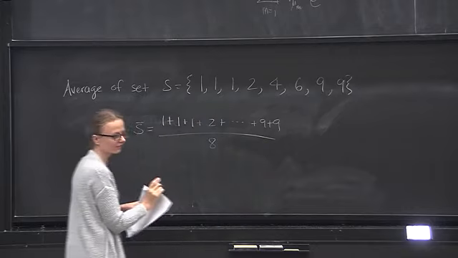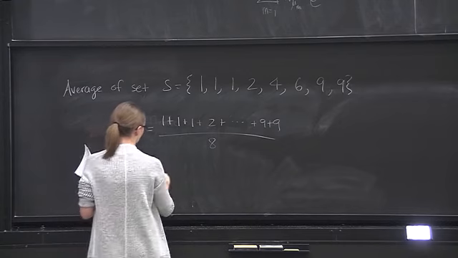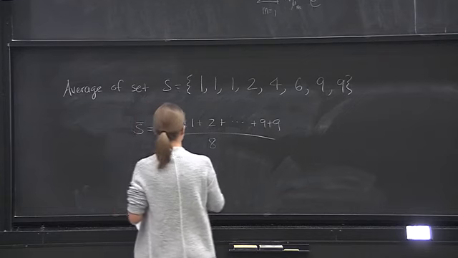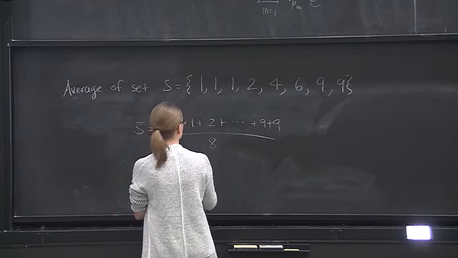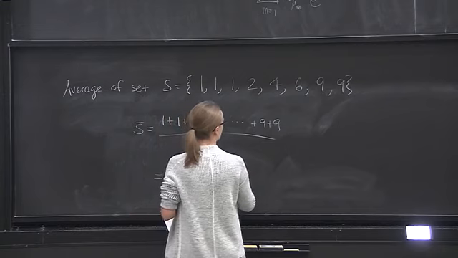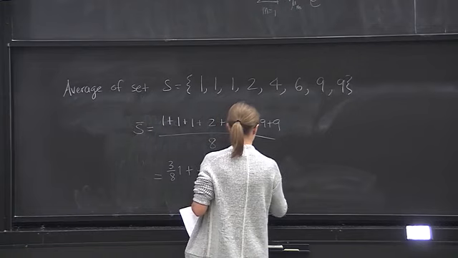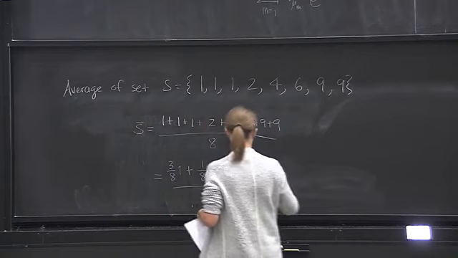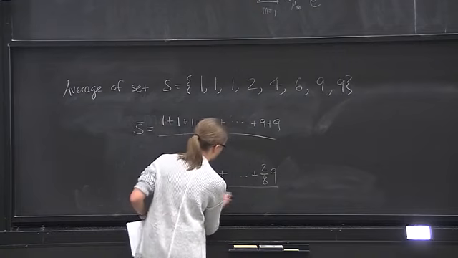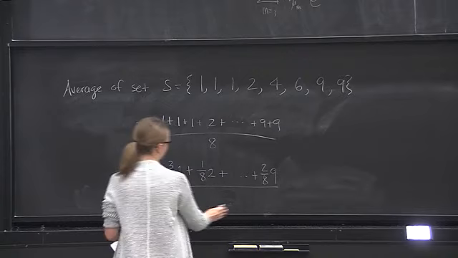I could do it like this, right? Or I could do probabilities. I could say it's 3 over 8 times 1 plus 1 over 8 times 2, and so on. In this case, I can just write it like this.